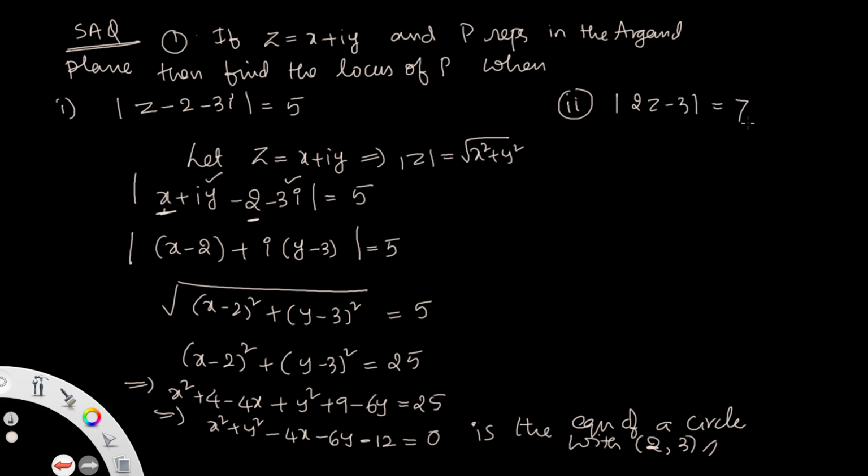Where z is given as x plus iy, substitute, take the real parts and imaginary parts separately. The formula is, if z equal to x plus iy, mod z equal to root over x square plus y square. Take the real parts separate, imaginary parts separate, then simplify. That's all. Next, go to the next page.